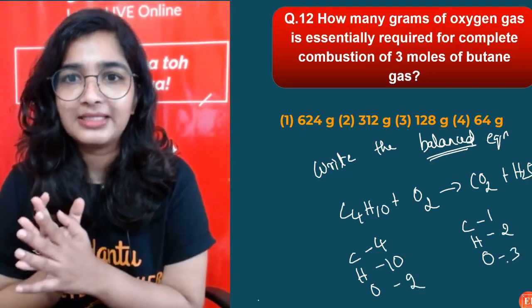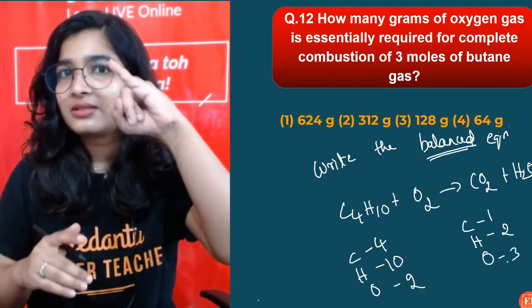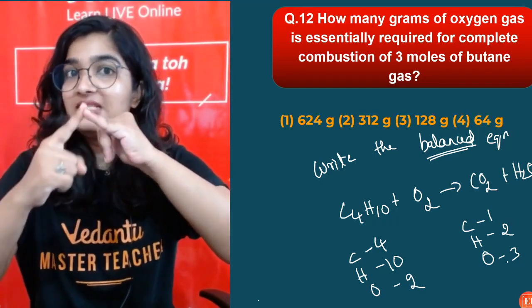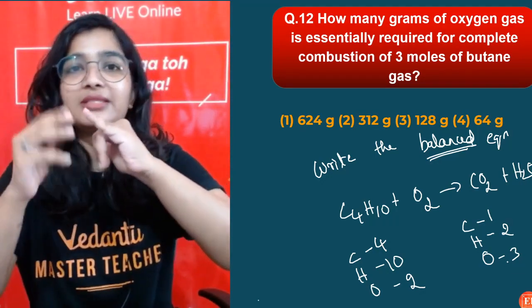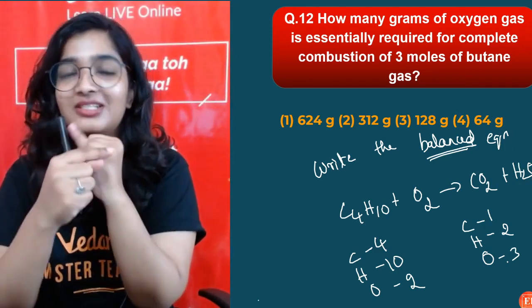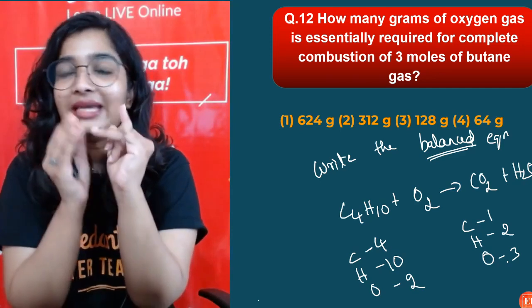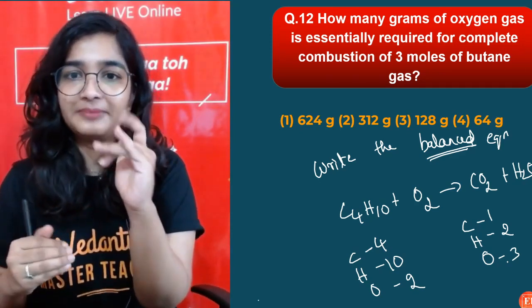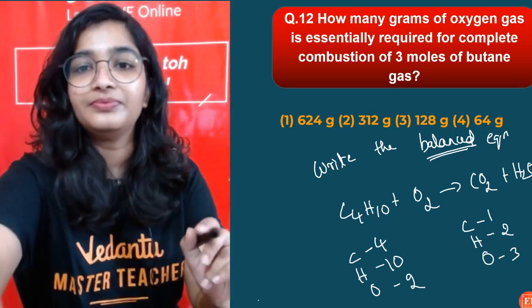So let's start balancing carbon first. As I told you, whenever you're balancing the equation, if there is any metal on the reactant or product side, of course it has to be there on both sides. So please balance the metal first and then go for non-metals except hydrogen and oxygen. Please keep them for the end, so oxygen at the end.